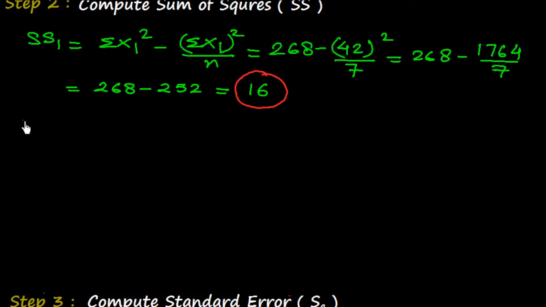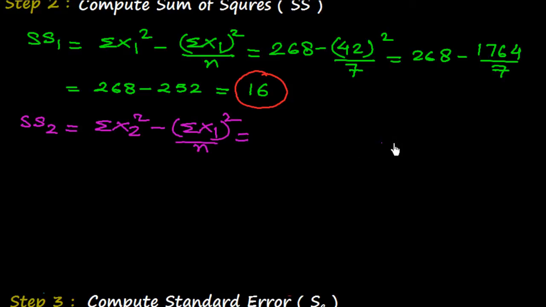Now SS2, which is summation of x2 square minus summation of x2 whole square over n.